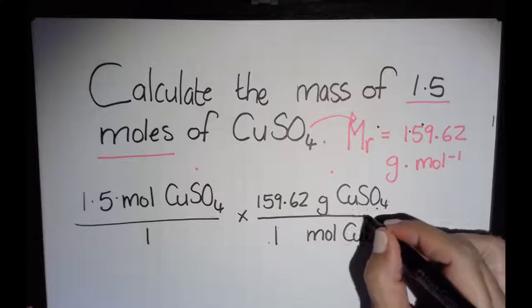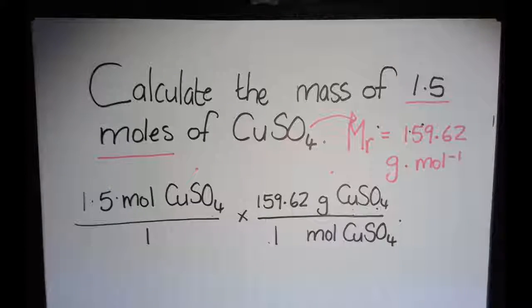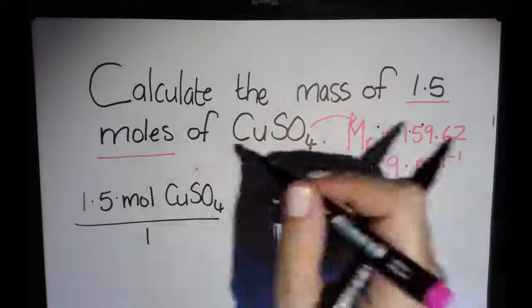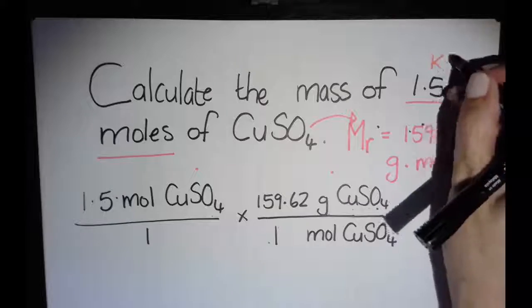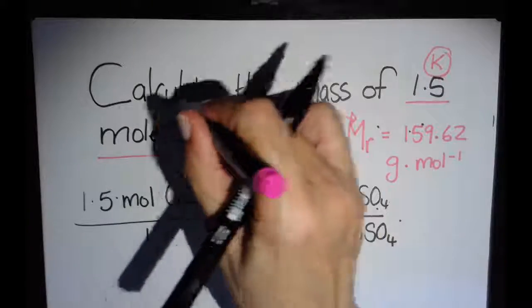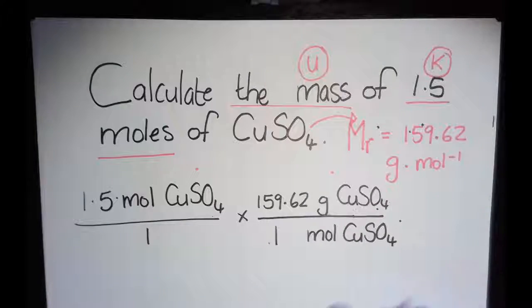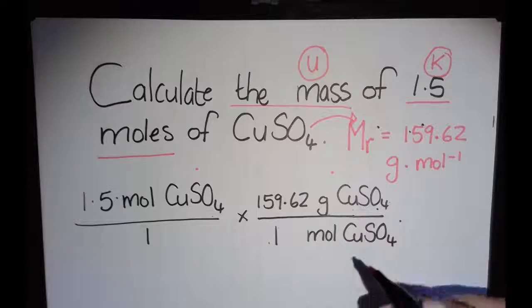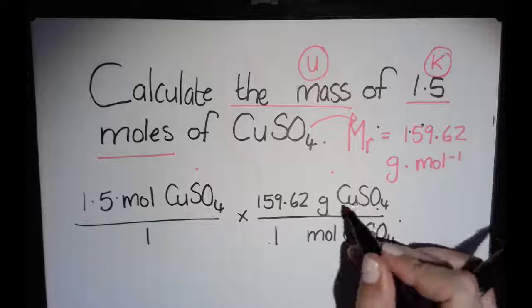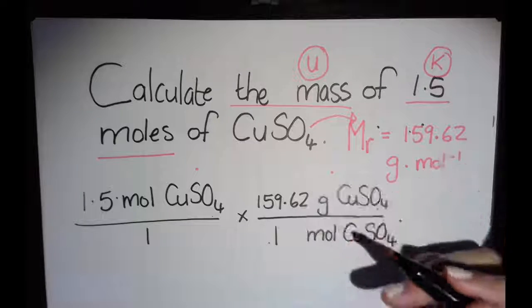Now if we go test this, we can see the question, the unknown. Remember this is my known. The unknown says calculate the mass. The mass is unknown. And when we do dimensional analysis, our unknown, which is mass, measured in grams, must always be at the top, and this is how it works out.